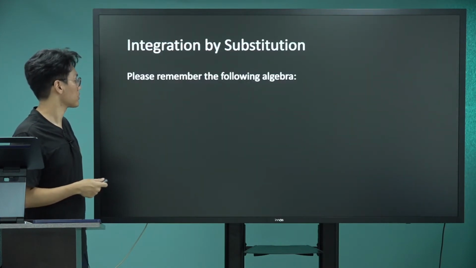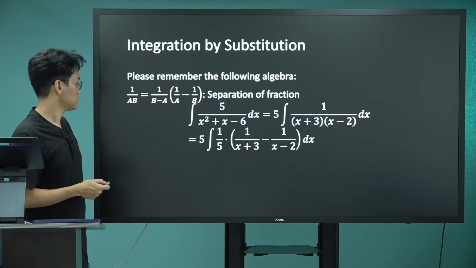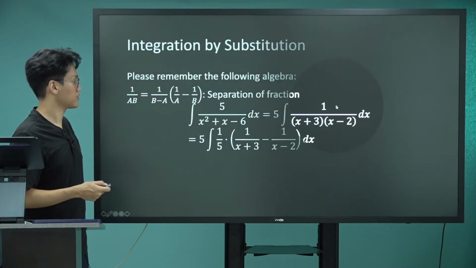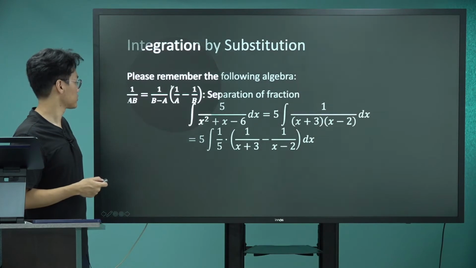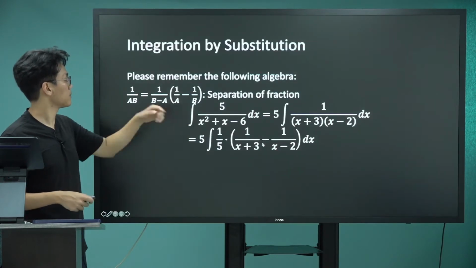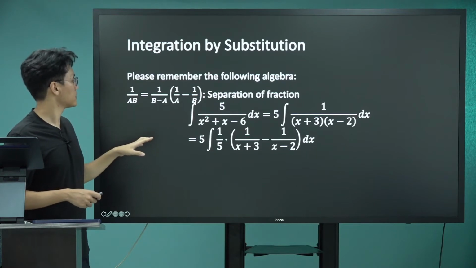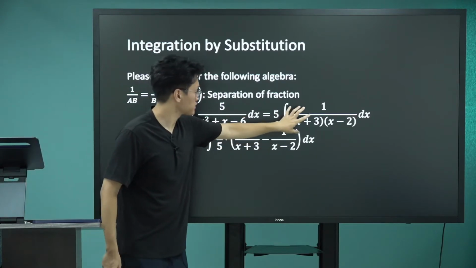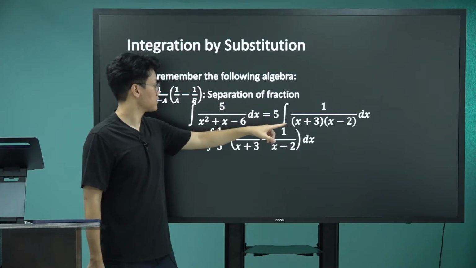x plus 3 and x minus 2. And what we're going to do is use this partial fraction, right? If I let B be x plus 3, for example, then B minus A is going to be 5.